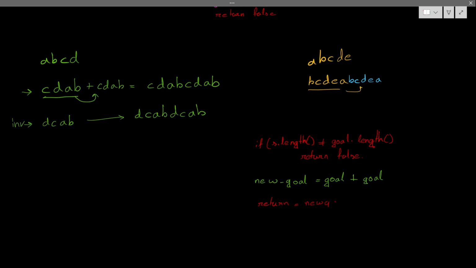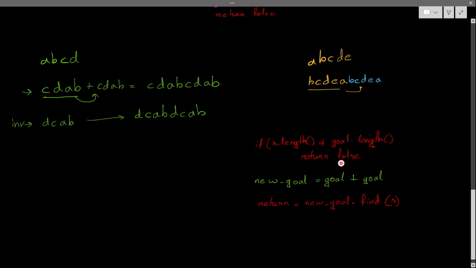If it is present inside the new goal, then return true. If it is not present, then return false. Simple. So this is the simplest and the most optimal solution.